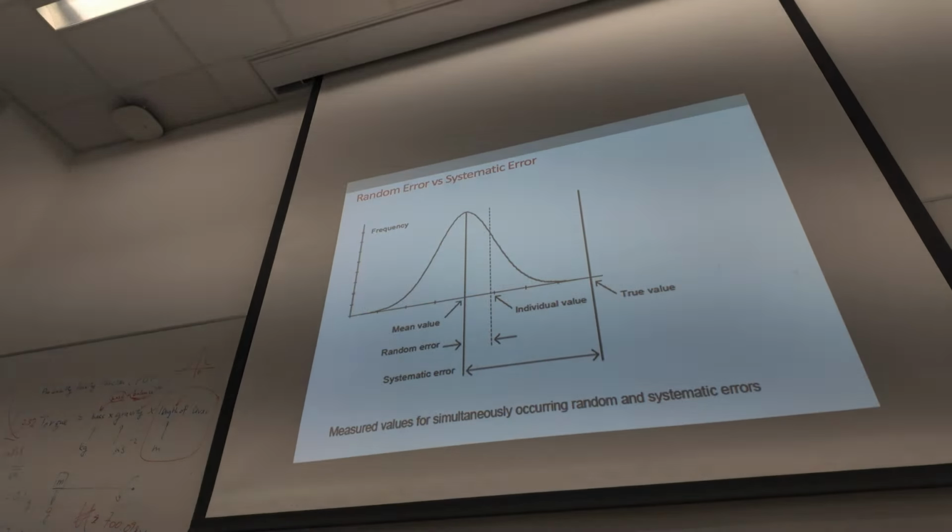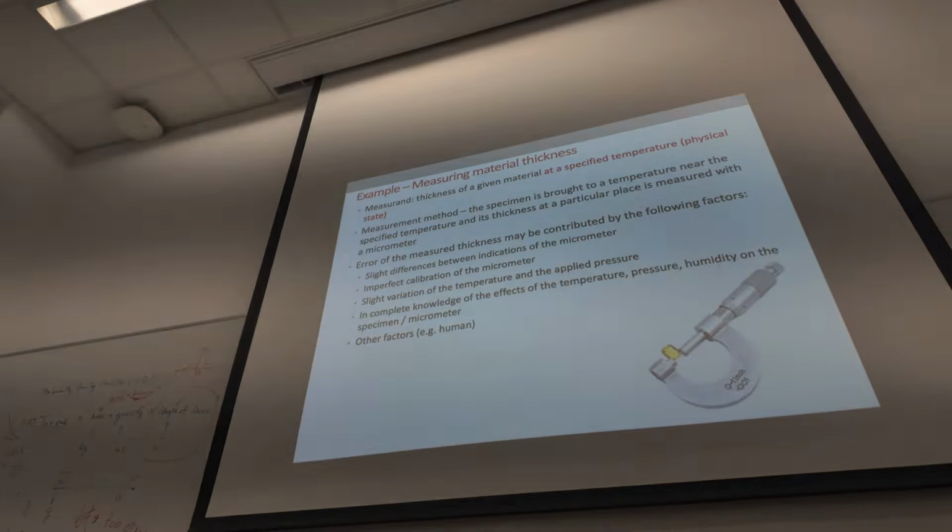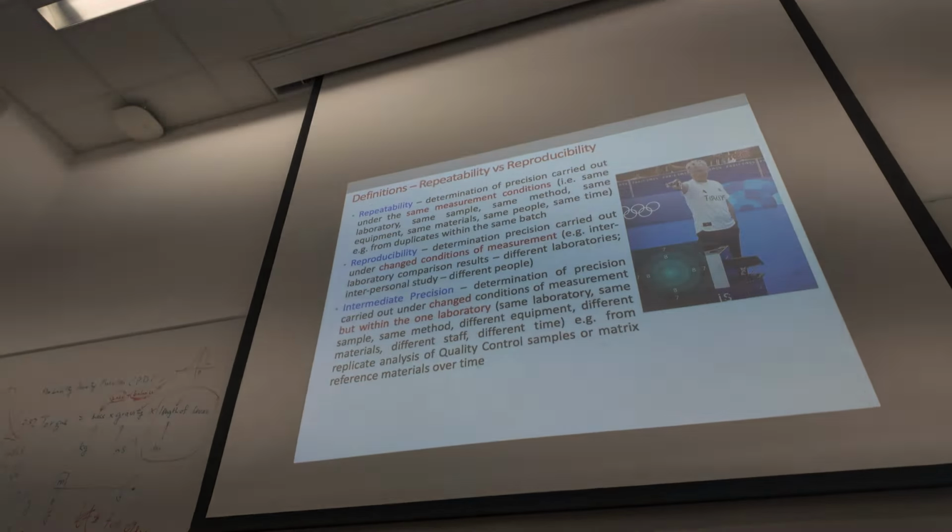This diagram, okay, to draw that and then label that, and the definition of precision, accuracy, bias, repeatability, reproducibility, intermediate precision.